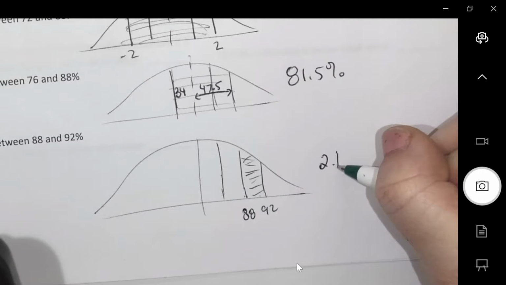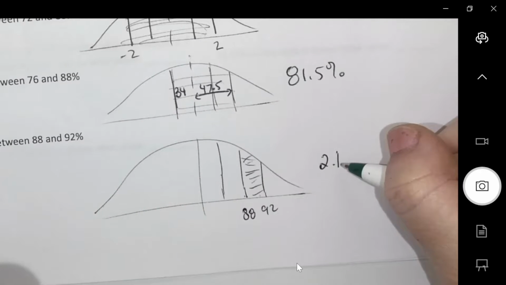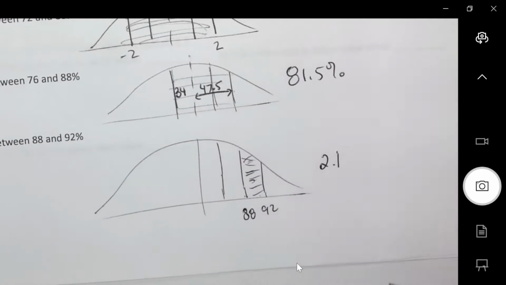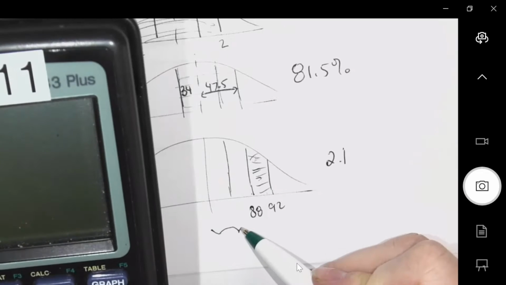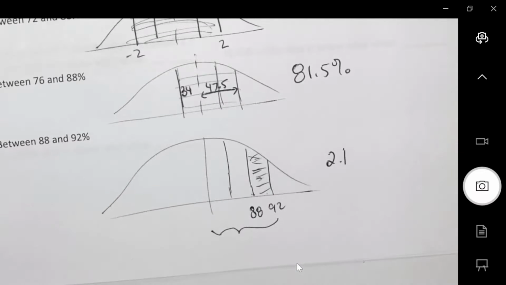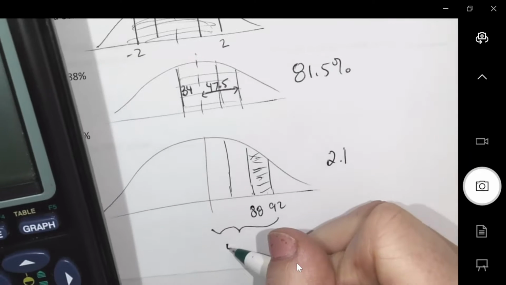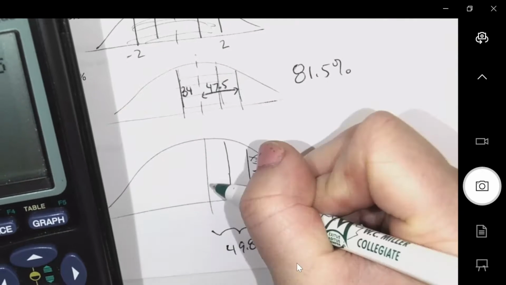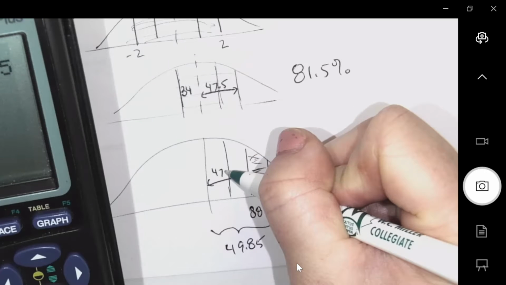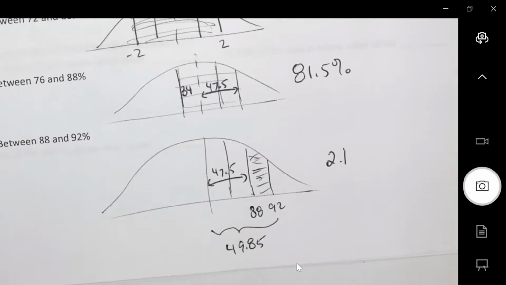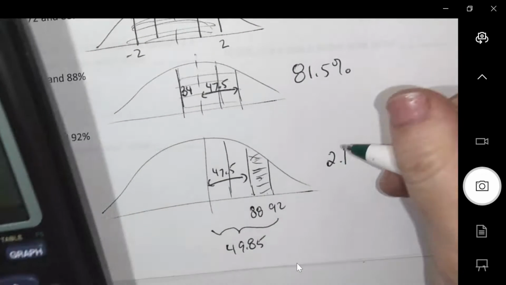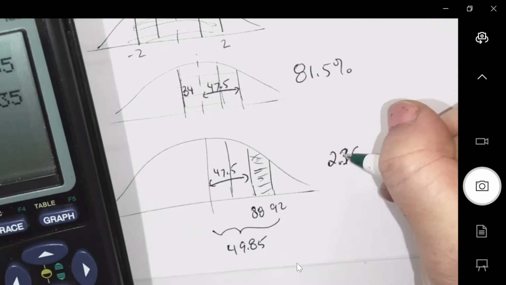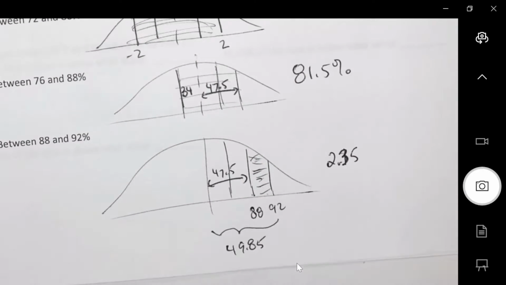No, mine says 2.5. So this whole thing is 49.85. Wait, now we got 2.35. 2.35. Does that make sense? That's what we got.